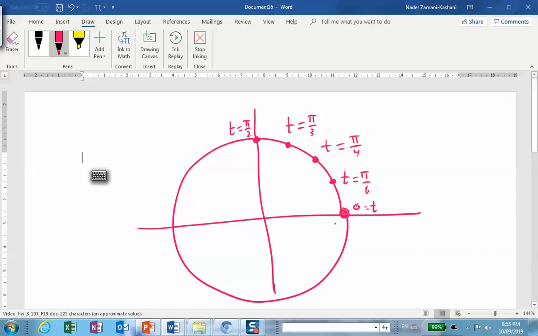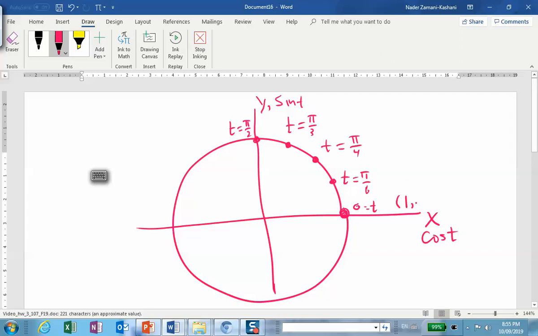For example, the coordinates of this point, I'll write like that. This is x, and there is y. And I want to remind you that this is the cosine axis, and this is the sine axis. Okay? So here, obviously, x is 1, y is 0.